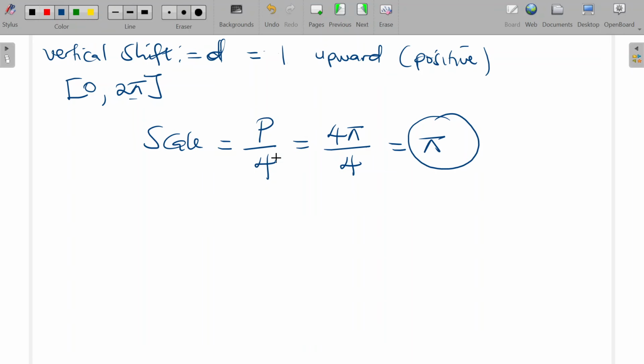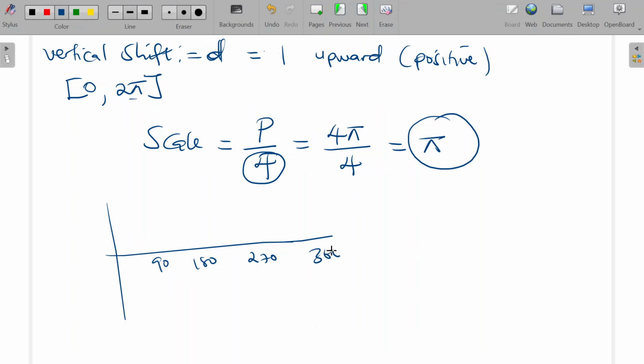That's why I am dividing by 4, because if you check the normal sine graph, it has 90, 180, 270 and 360. From here it will start going up. At 90, it will turn. Here it will do this. Here it will do this.